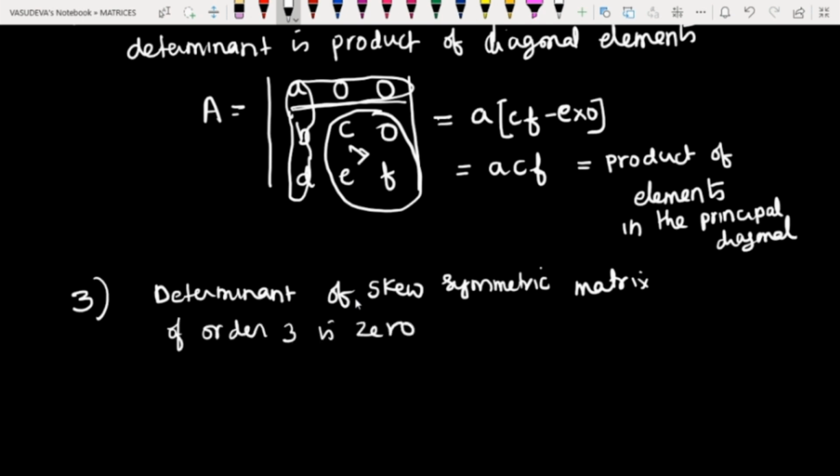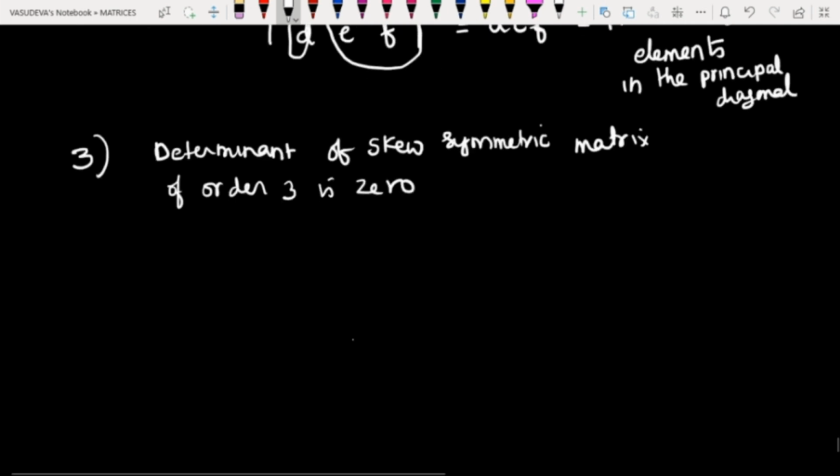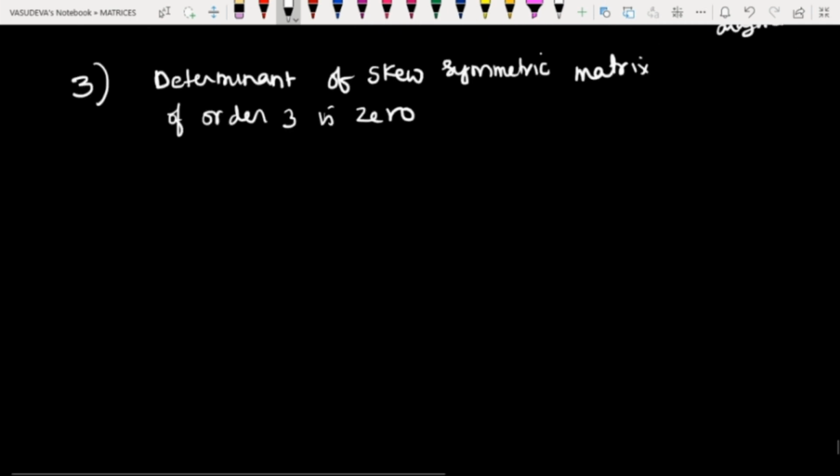We learned about skew symmetric matrices in the previous matrices chapter. A matrix is said to be skew symmetric if A dash is equal to minus A. We know that A dash is equal to minus A.